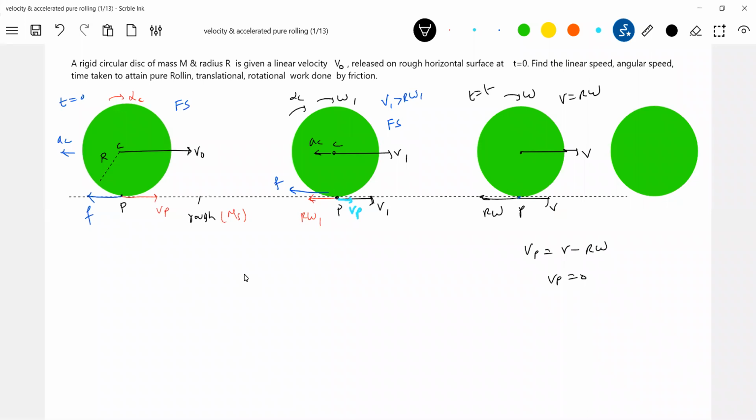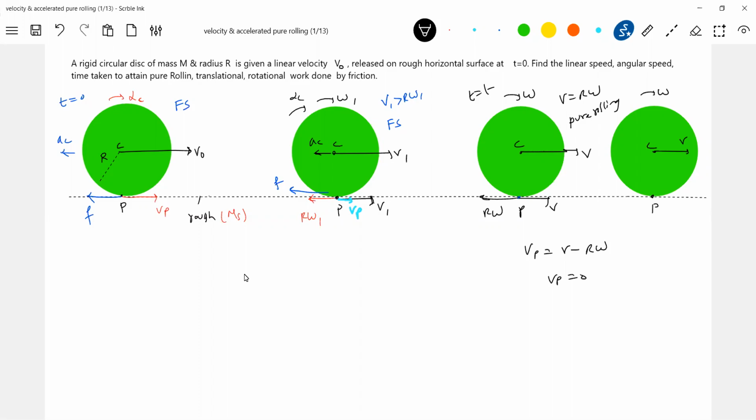For the first question, I'll write it as pure rolling. Again, after attaining pure rolling, what will happen to this rigid body? It will continue its pure rolling as long as the surface is present, and as long as there is no external force acting, it will continue its uniform velocity pure rolling.